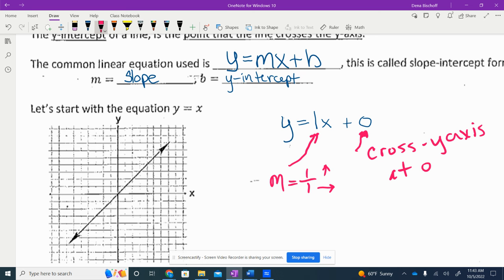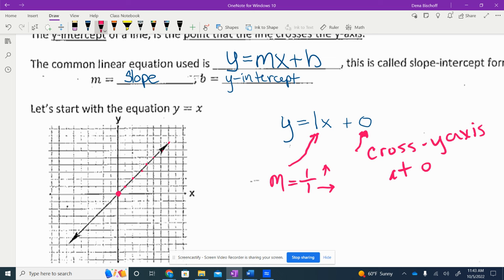And we typically never write plus 0 because if I have $5, I don't say I have 5 plus $0. That's just silly. But in terms of wrapping your head around this equation, y equals x means that it's going to cross the y-axis at 0. And from there, I'm going to go up 1 over 1, up 1 over 1, up 1 over 1, and I can do that forever. And that's exactly what that graph is doing.